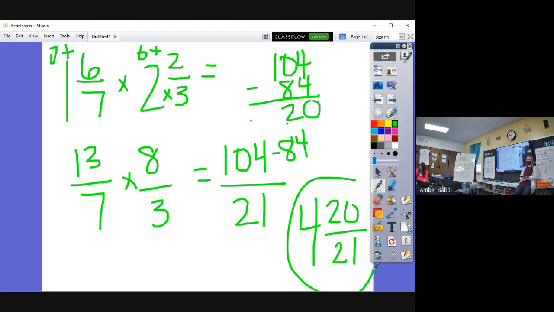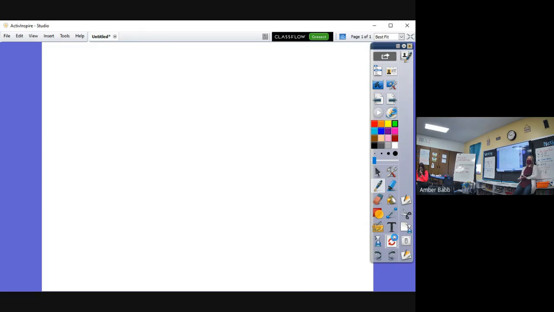I can't see your work. The problem is going to be when you reduce. I guarantee you're going to mess up when you reduce on some of these and flip the improper, because you end up with this giant improper fraction like 104/21. You cannot leave it like that. I will mark it wrong. But you have to reduce it. Be careful when you reduce.